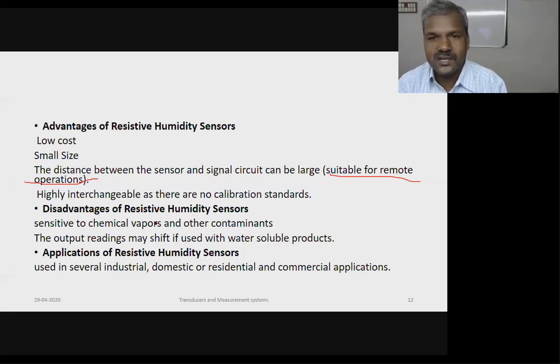Like if you use a humidity sensor in Tuticorin, that sensor will show different values because there are polluting industries there. The output readings may also shift if used with water soluble products. Application: the resistive humidity sensor is used in several industries, domestic, residential, and commercial applications.